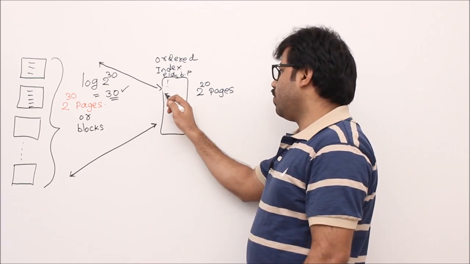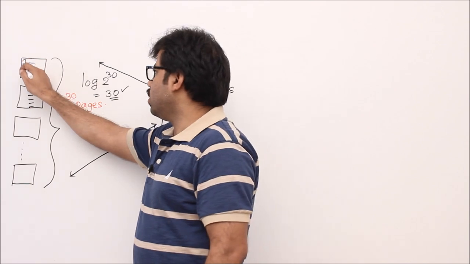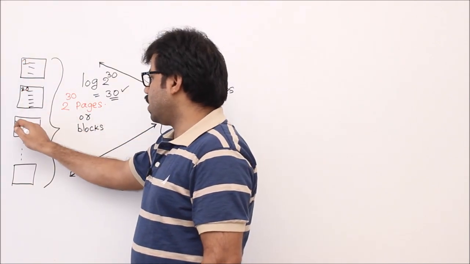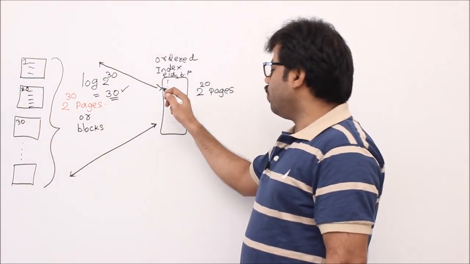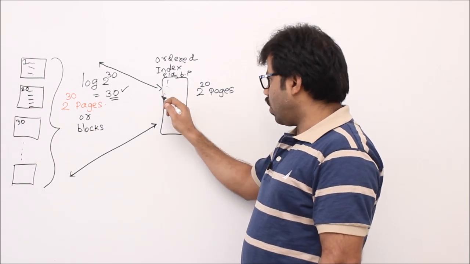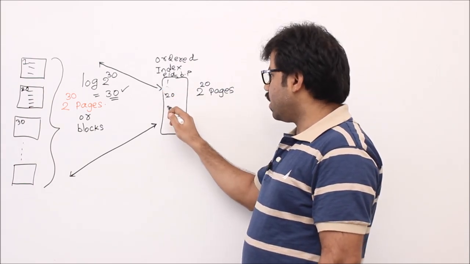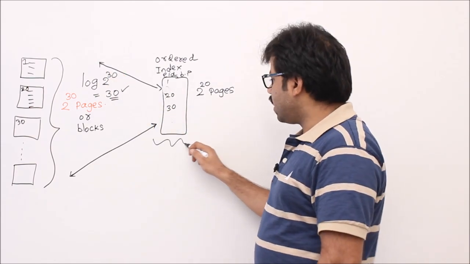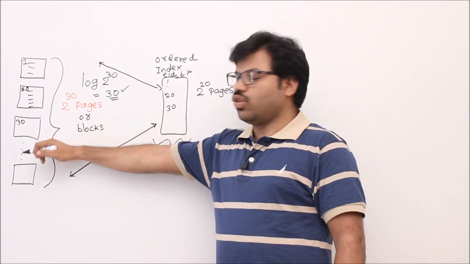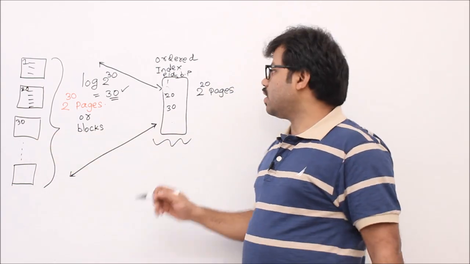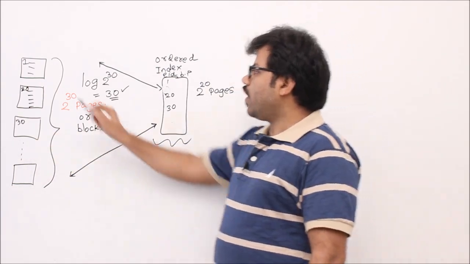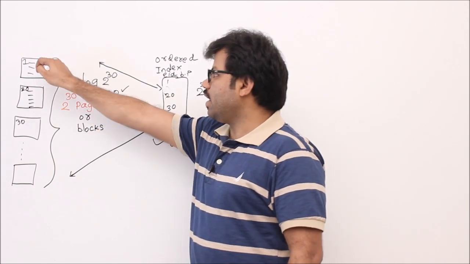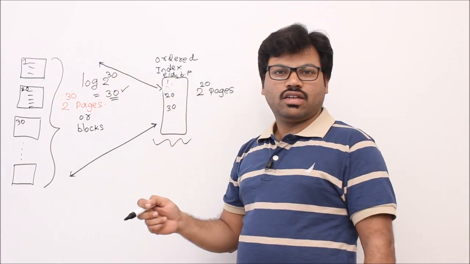For example, here it is 1, this is let's say 20, this is 30, these are all the employee IDs. Then your primary index looks like 1, then 20, then 30, right? For every block one entry, we know that. Then this index size will definitely be smaller than your original file. Why, sir? Because of two reasons. One is, for every block of your entries there is only one entry here, correct?